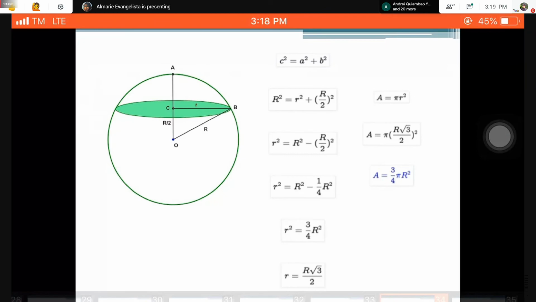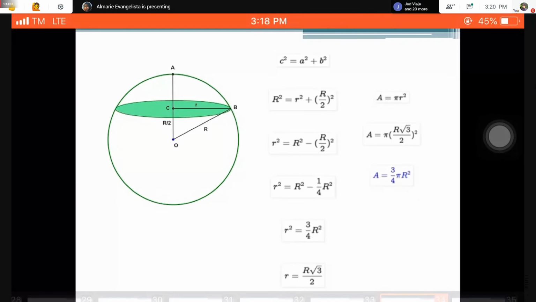Yung line AB, isa na rin siya sa mga radius ng sphere. So, yung line OB, isa na rin siya sa mga radius ng sphere. So, line OB is equals to R. Big letter R. Equal sila. So, again, meron ulit tayong right triangle.